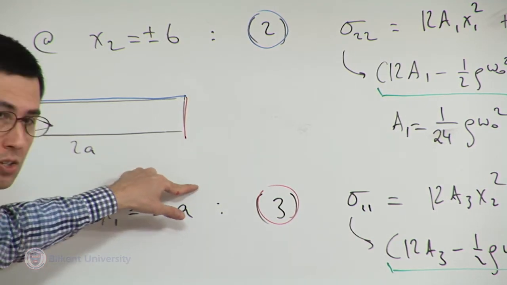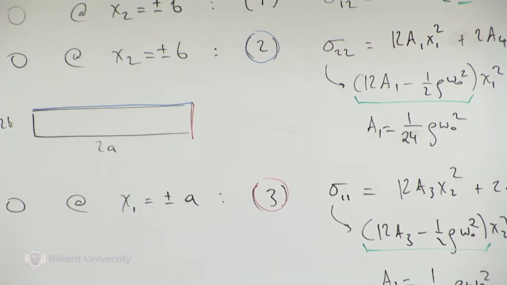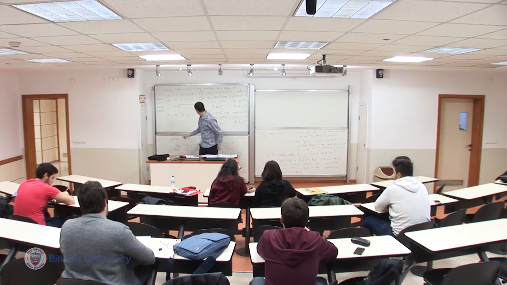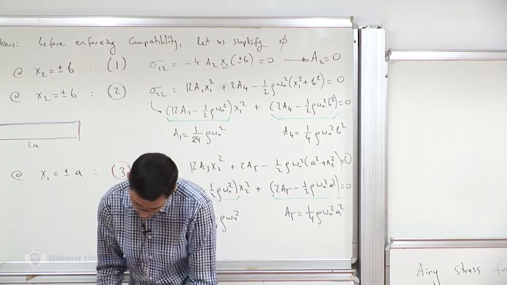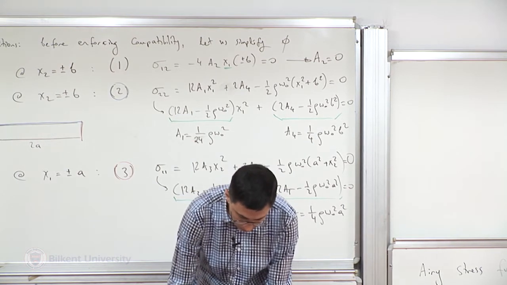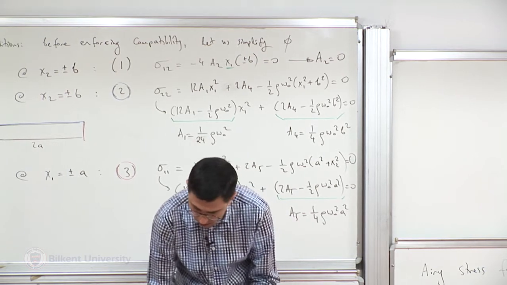I'm going to relax this condition number 3. So instead of enforcing a pointwise form of 3, I'm going to go with an integral one. Okay? And let me show you how to do that.